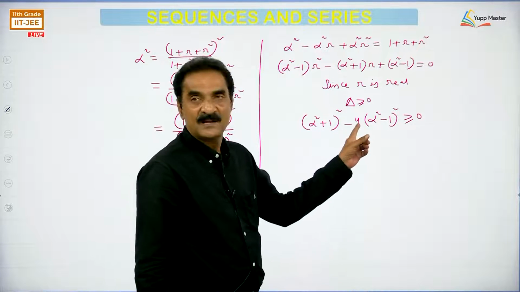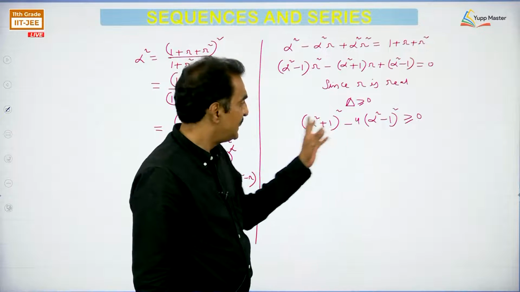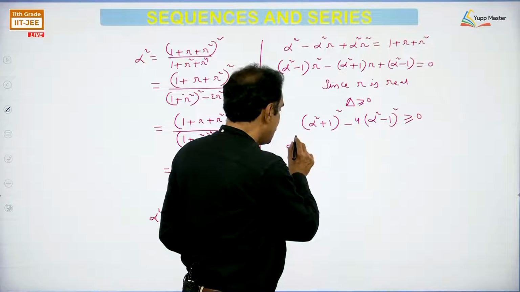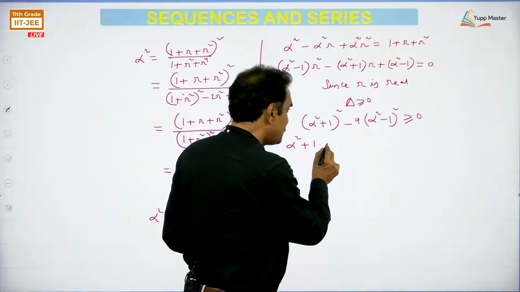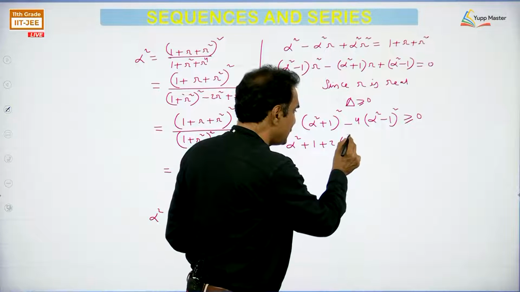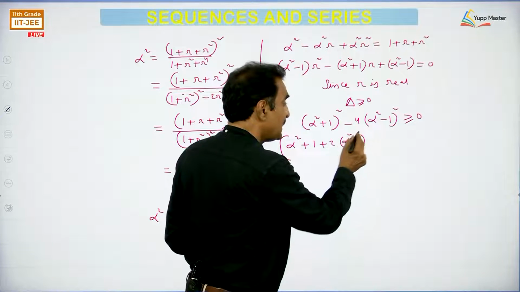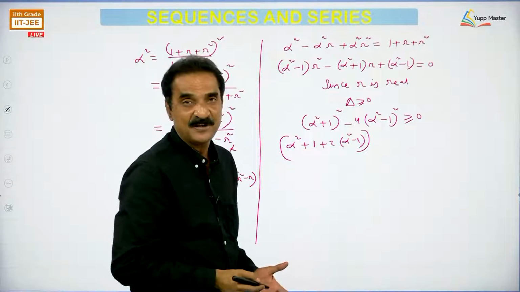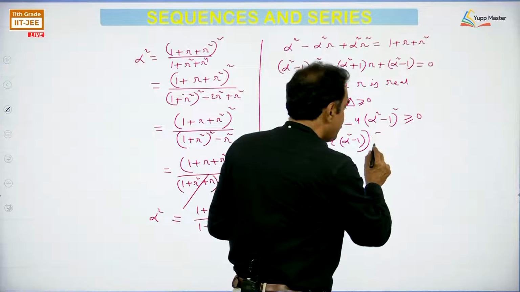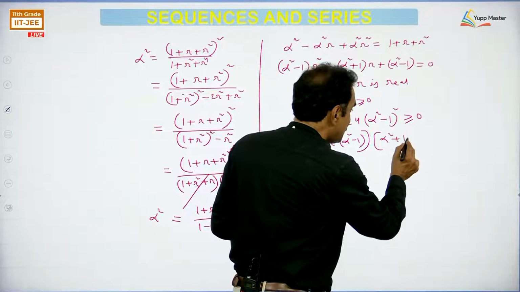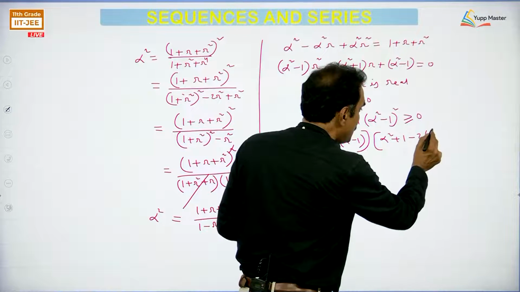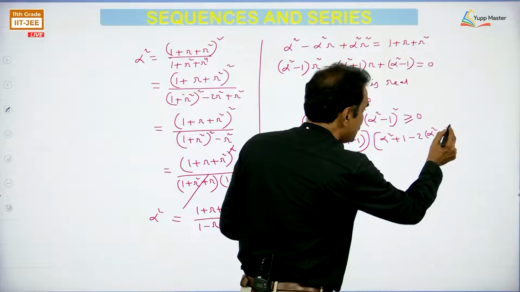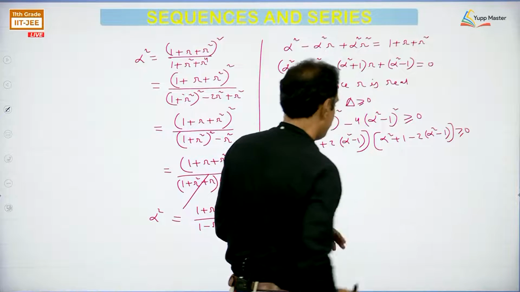You can write 4 as 2 square, then you can factorize it as alpha square plus 1 plus 2 into alpha square minus 1. I am applying a square minus b square is equal to a plus b into a minus b, into alpha square plus 1 minus of 2 into alpha square minus 1 greater than or equal to 0.